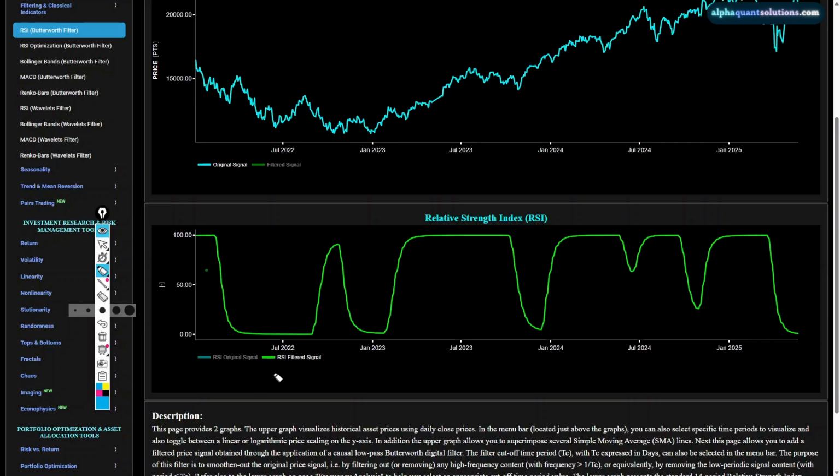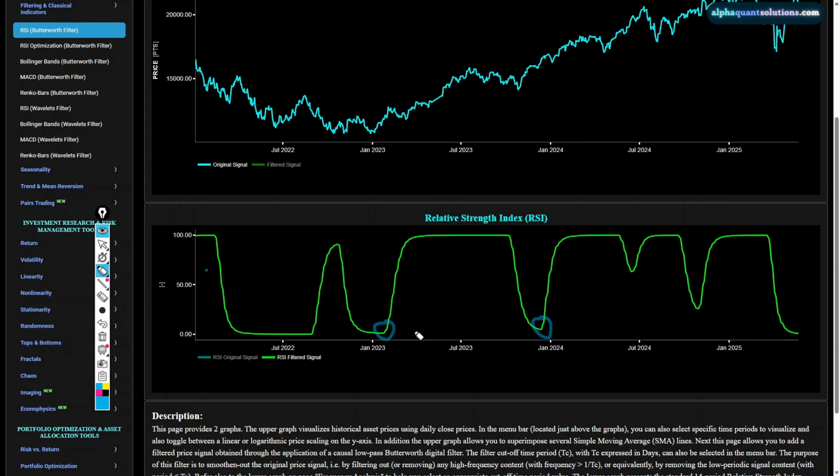Now, the basic algorithmic setting is as follows. When the RSI is low and is bottoming, and then it starts to increase, we identify here a long entry point. This would qualify as a long entry point. This as well, here it starts to increase.